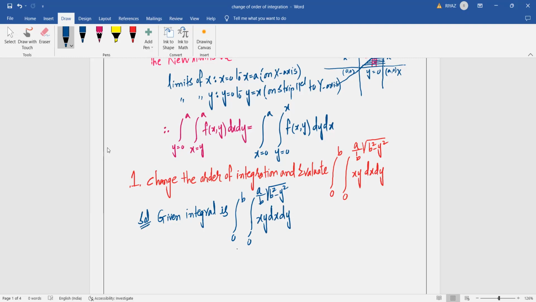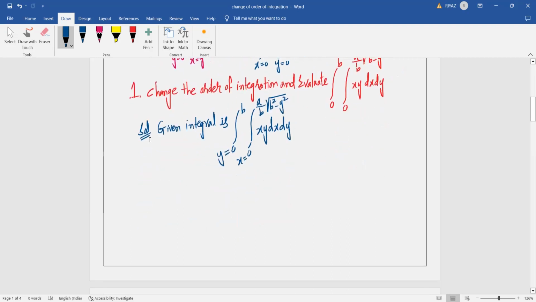Now it is in terms of y. Y means definitely x limits. If it is y, then definitely it is the limits of y. It is x means it is definitely y limit. So depending upon this situation, we draw the figure. Here we have to write their limits first, then draw the figure.